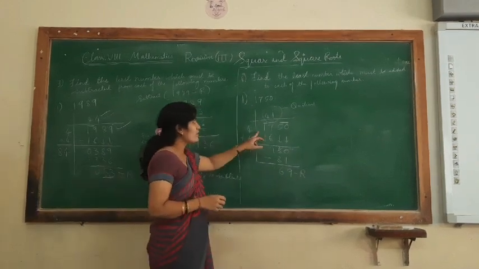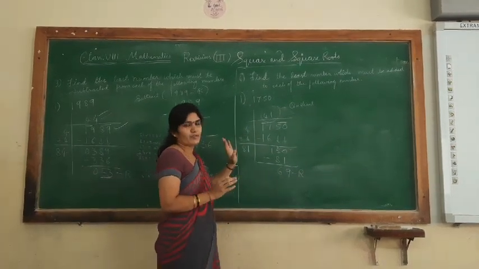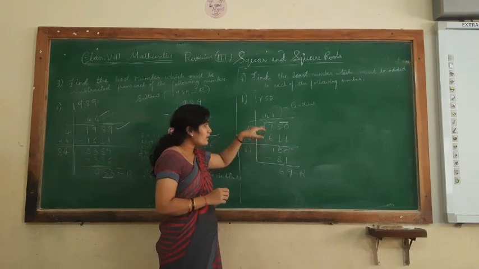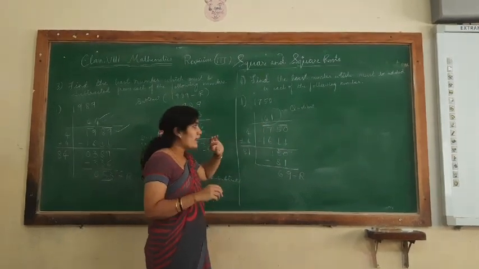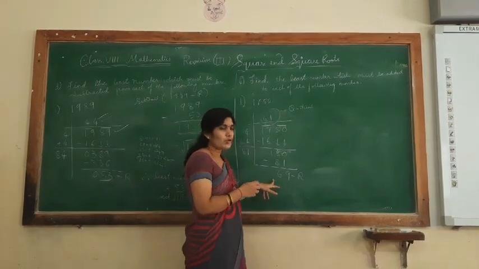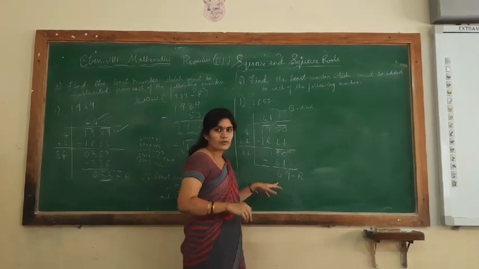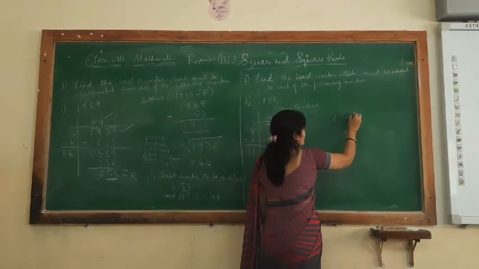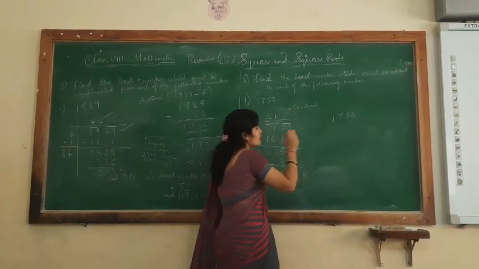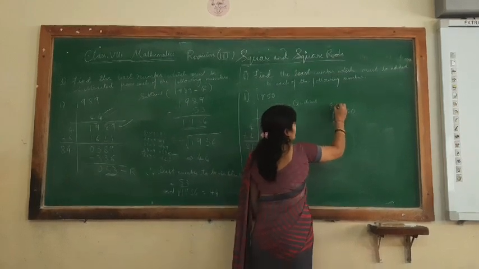So 1750 is a number which is not a perfect square. And what should be added to this number to make it a perfect square? So the number which you should add, you cannot add the remainder, because if you add the remainder you will not get a perfect square. Of course you will not get. But here 1750 is the given number.